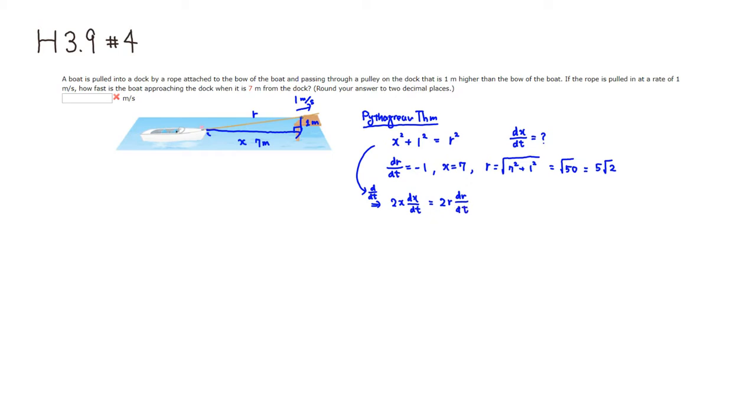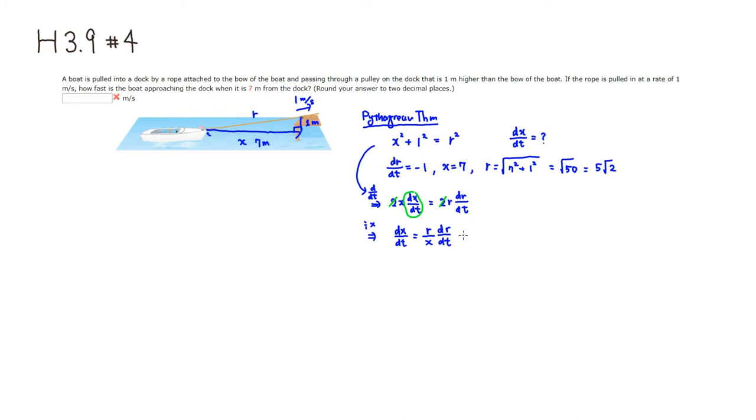Remember that we're looking for dx over dt, so I'm trying to isolate that. I'm going to divide through by 2, so it cancels the 2 here and the 2 there. Then I'm going to divide through by x. So dx over dt that we're looking for is going to be r over x times dr over dt.